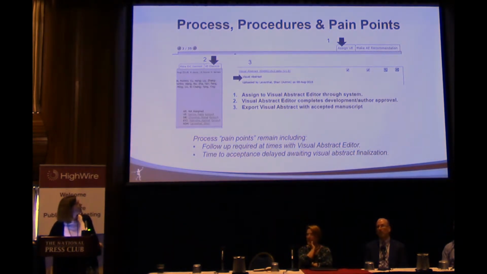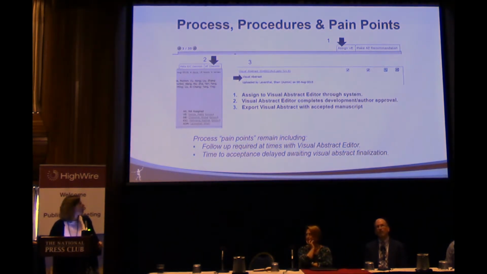And then once they finish, I actually just close it out. I use it more in the beginning to assign it and to have them get the email and all the information that goes with it because the files are right there. So if the author submitted a visual abstract, I'll upload that, I'll send them the manuscript. So it's just seamless for me. And then I close it out once they're done. And then, like I said, it exports with the manuscript.